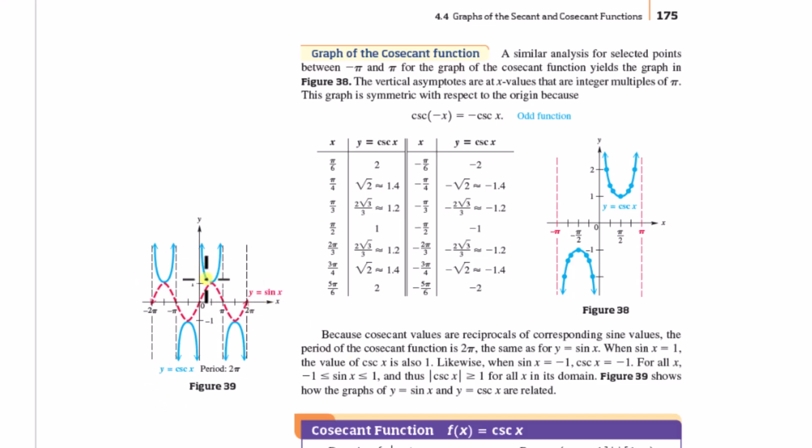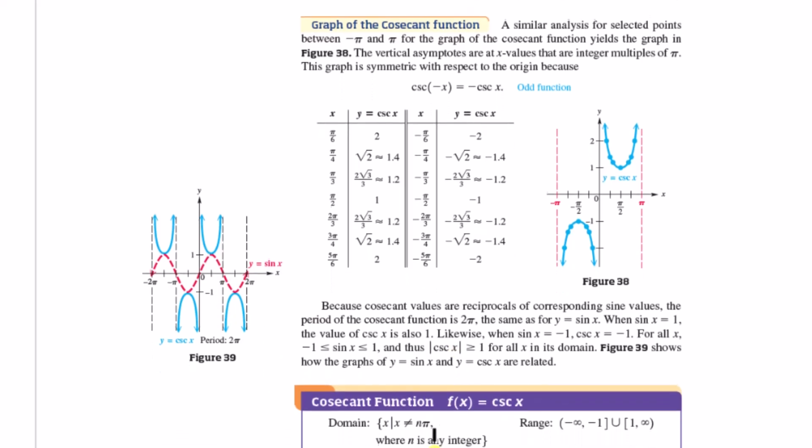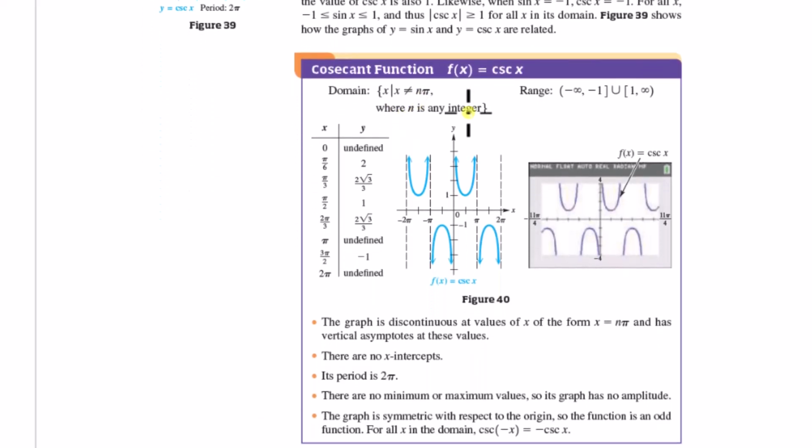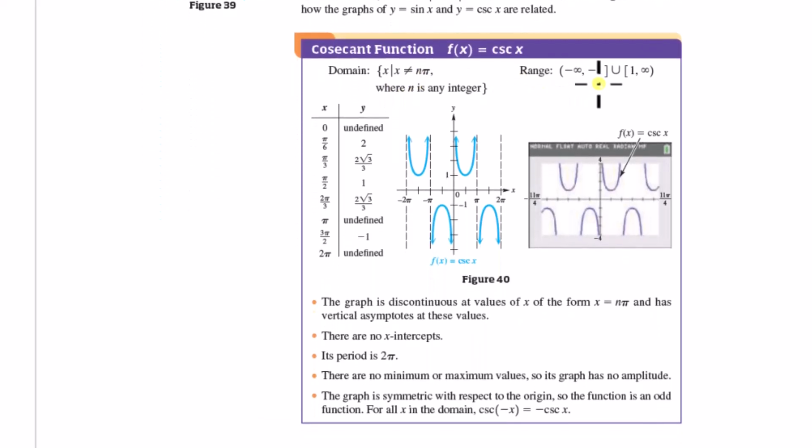So they're equal at the peaks and the troughs, 1 and minus 1. Undefined at the multiples of pi, range minus infinity to minus 1, 1 to infinity. No x-intercepts, period 2 pi, no maximum or minimum values, and it's an odd function.